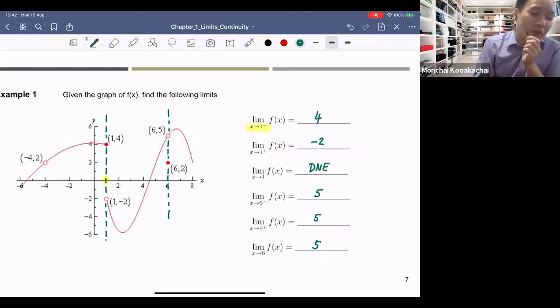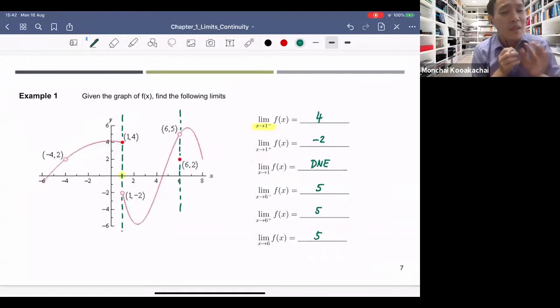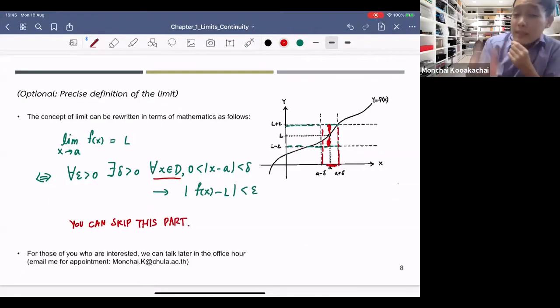All right, sounds good. So calculus is easy, huh? This is too hard for freshman students, but for those of you who already passed the Olympiad and know how to prove something in math, and you want to learn this, you can email me for an appointment later so we can discuss it. It will take more than 2 or 3 hours to talk about the precise definition of limit.